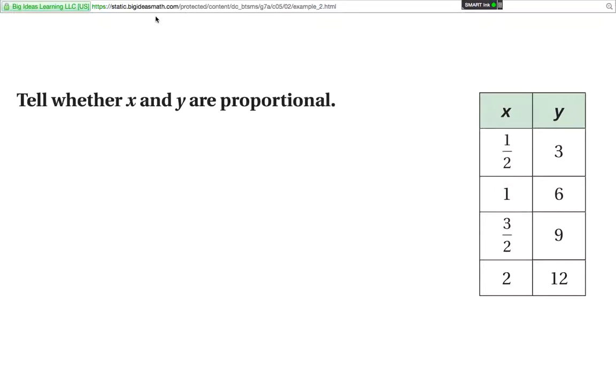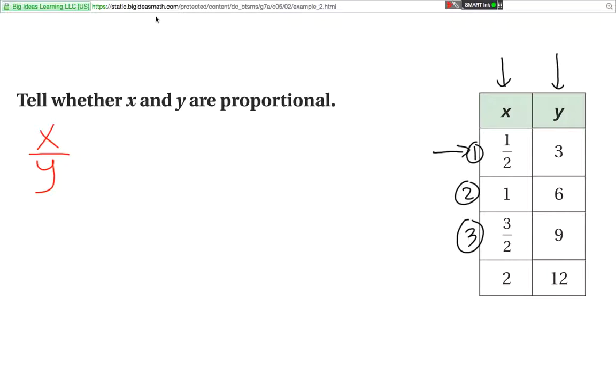So for example, I want to compare the x's with the y's and look at each individual line. This will be the first one we compare. We'll do the second one, and we'll even try the other fraction just to make sure. We always need some more practice with fractions. So we're going to set all of these up the same way: we're going to compare the x to the y.